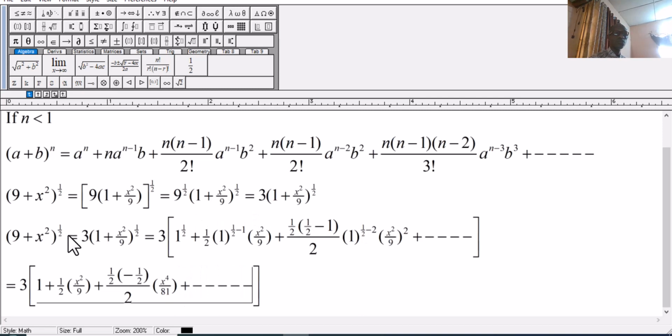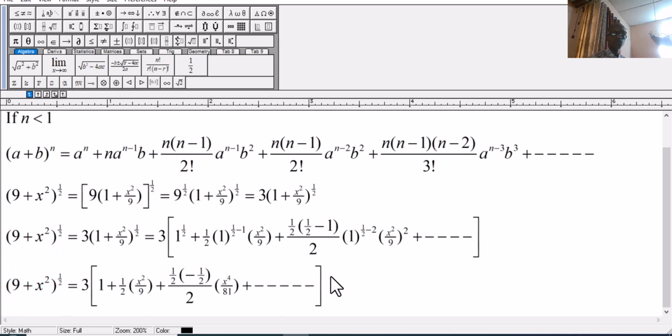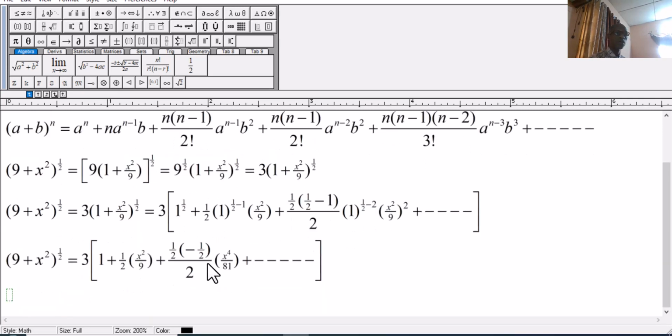So we can still work on this. So 1. In that place we have x squared over 18.